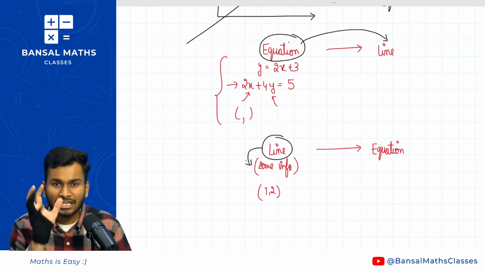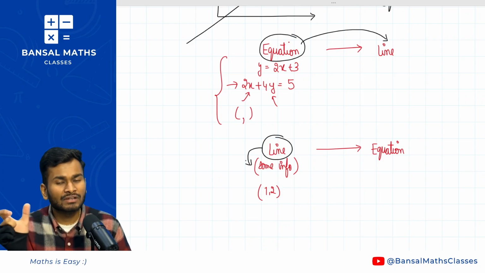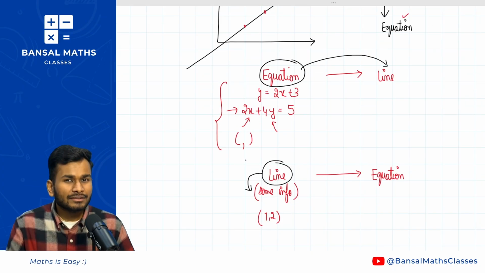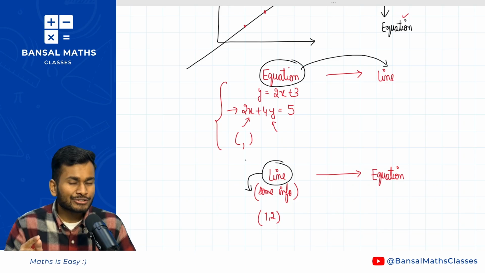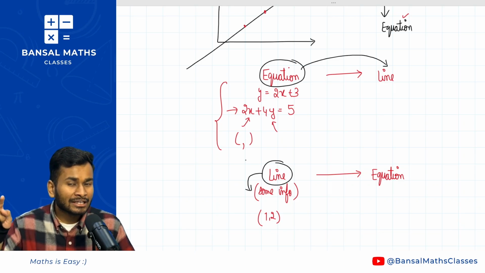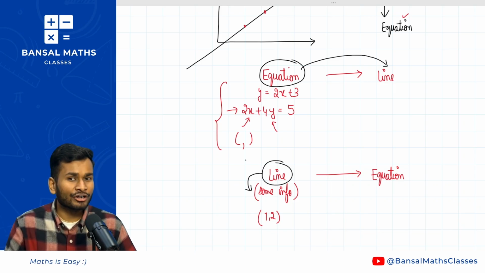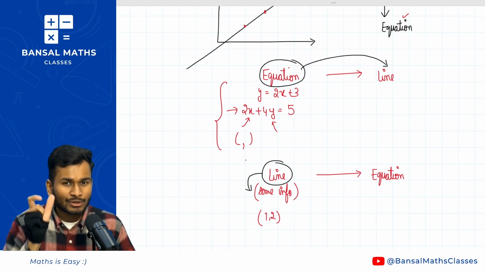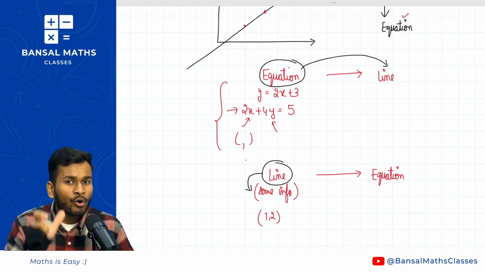So equation of line, I hope you understood what it is. That is what we learned in this video. We started with a very simple question of how many coordinates lie on a line, and we said that there are infinitely many coordinates. If somebody asks me to write all the coordinates, I can do so by writing an equation of line. So the equation of line basically gives me all the coordinates lying on that particular line.